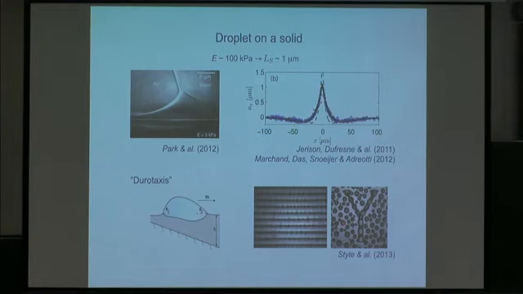And more recently, there is a nice work from Repstyle, who was working with Eric Dufresne, on what they call durotaxis. So basically they have a rather thin layer of very soft gel on a plate, but there is a gradient of thickness of this layer.